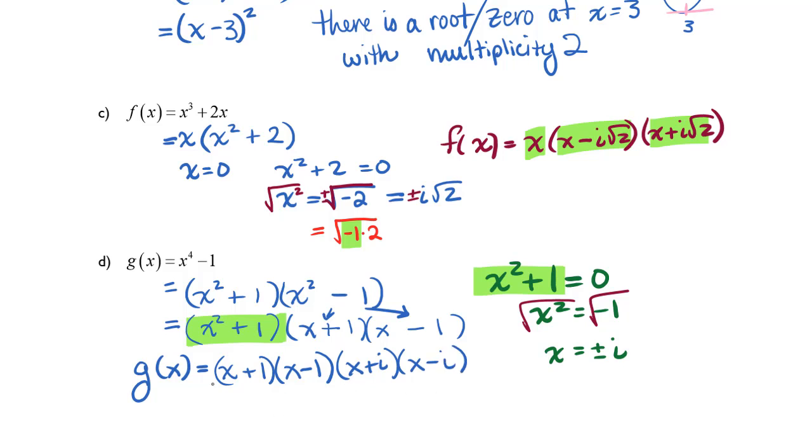Therefore, my zeros of the polynomial are x equals negative 1, x equals 1, x equals negative i, and x equals positive i. Those are the 4 zeros of my polynomial. This is my polynomial g of x in factored form. And to find the zeros of the polynomial, all of them, I set each factor equal to 0 and solve for x.